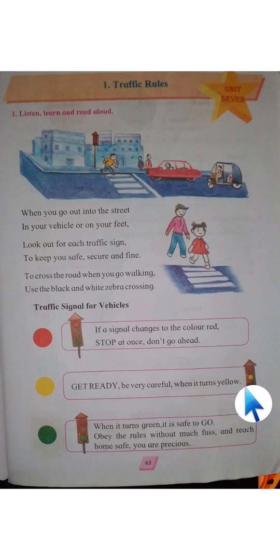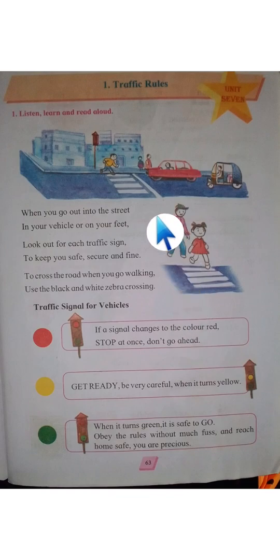Yellow means you have to just get ready. For example, if you have turned off your vehicle, you can switch on and be ready. It can turn green anytime, and when it turns green, it is safe to go. Obey the rules without much fuss and reach home safe as you are precious.